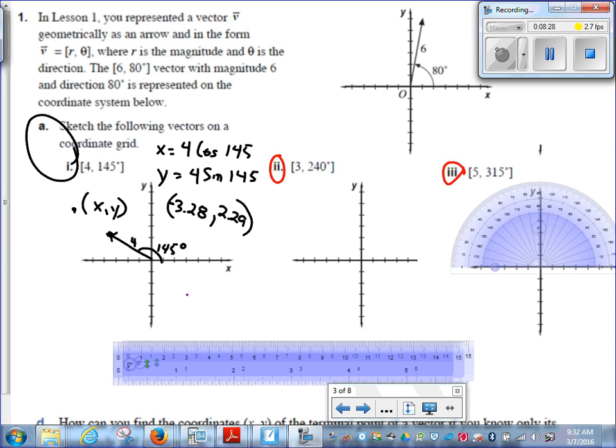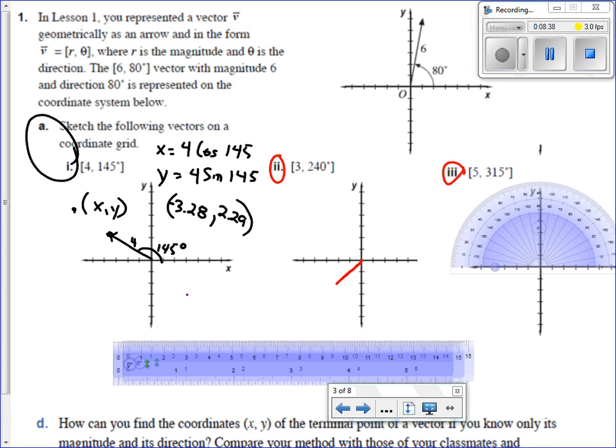Number 2, help me out, class. I think if we go 240 degrees, it is going to be in this direction. 3 units long. I want to find xy. X comes out to be negative, what was that? Yeah, negative 1.5. Comma, negative 2.6.